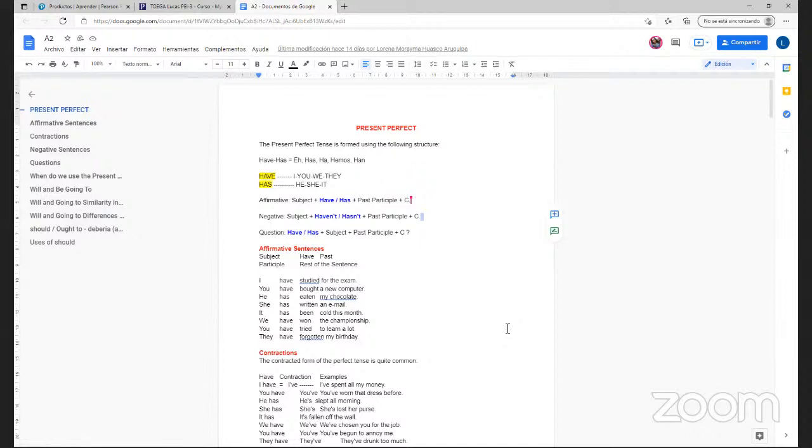For example, since last year. It means that she was living there, but she is still living there, right? Yes, when we use, for example, since, it means that she's still living there. Great. That is the difference between present perfect and simple past.